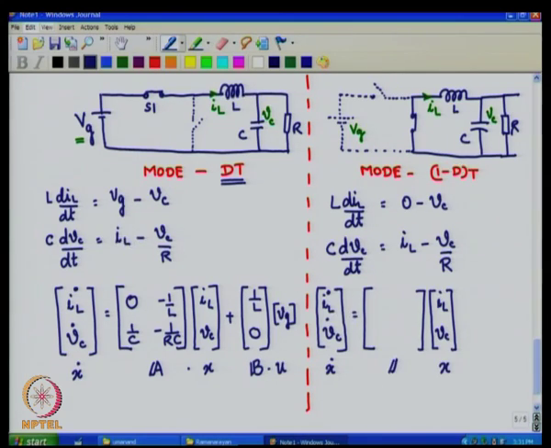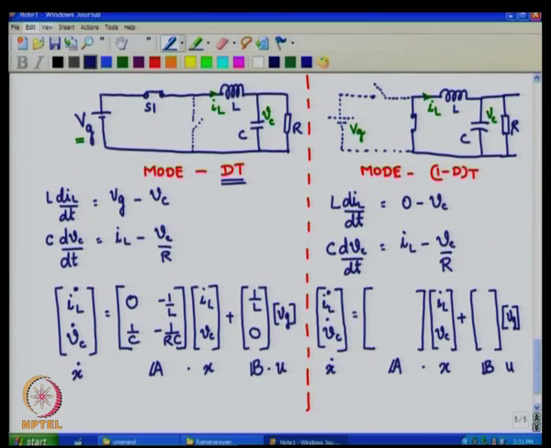So, therefore, this has to be A plus the input scaling matrix B and the input itself Vg, u in this case.